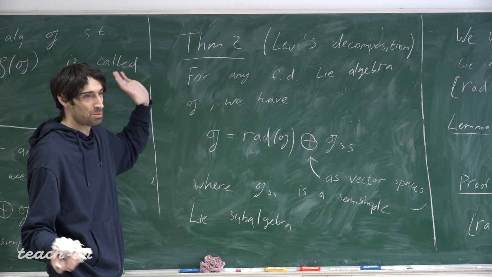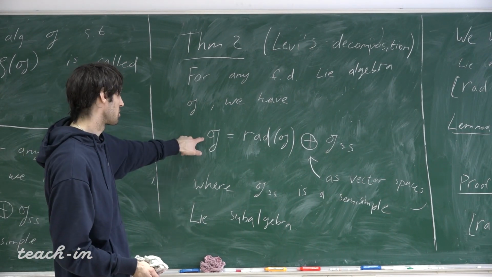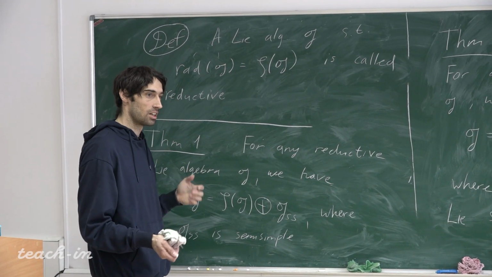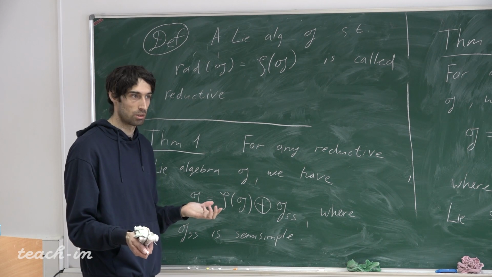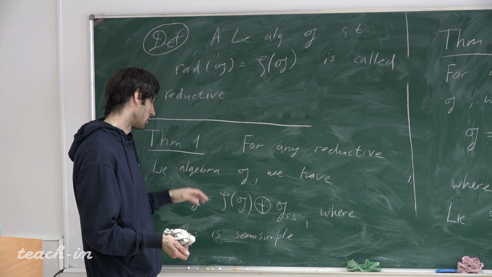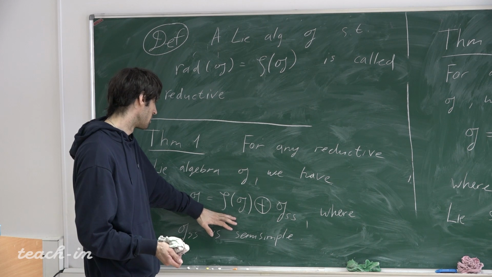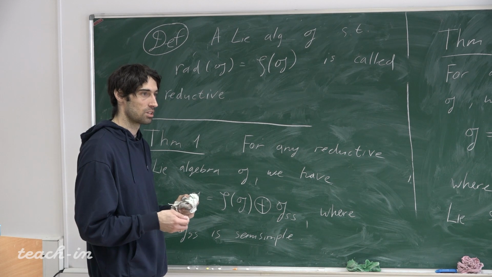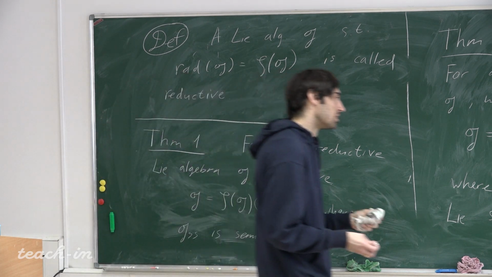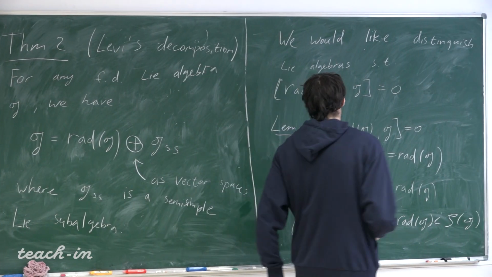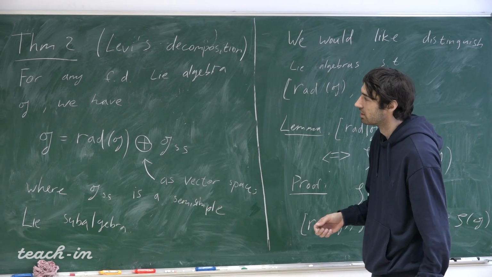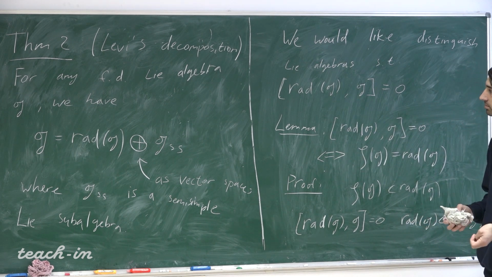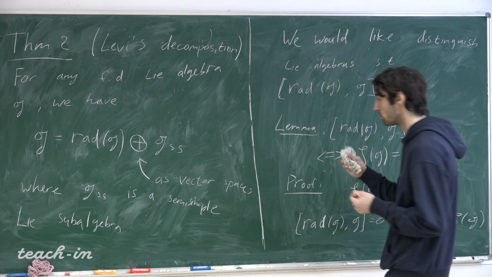Maybe we don't like to prove this at all, I don't know. But if you know something about homology, Lie algebras have their own homology. So this theorem is connected with the vanishing of first homology, this one with vanishing of the second homology. So in any case, let us move on.